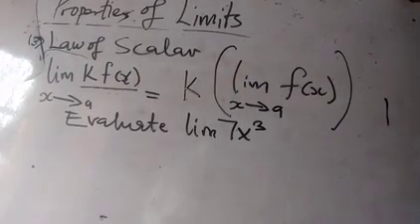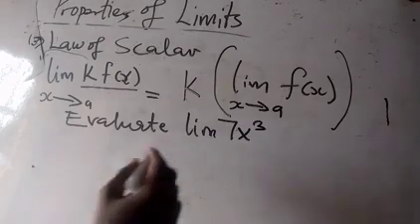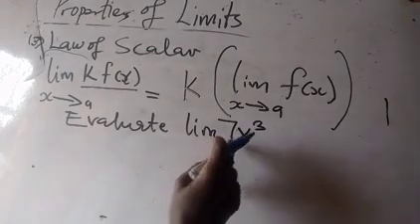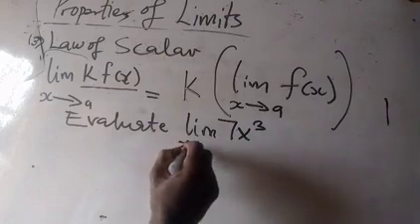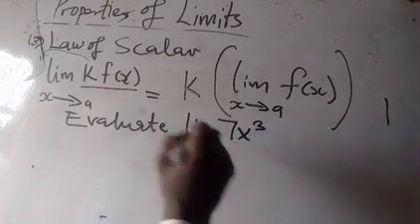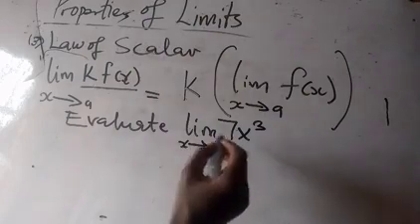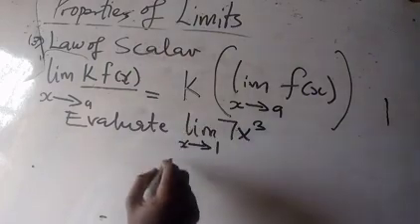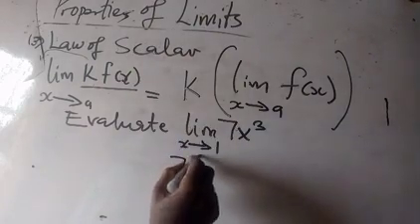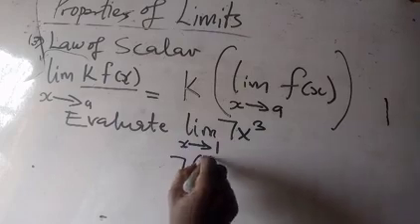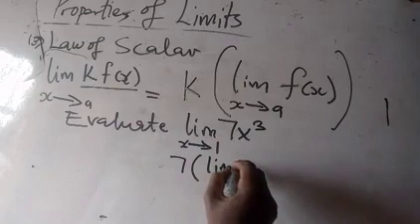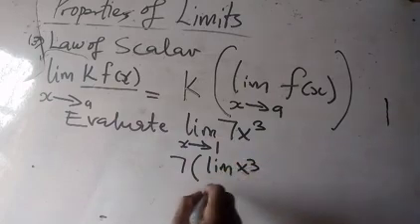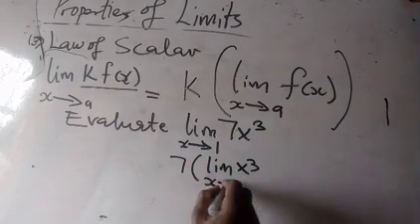For example, evaluate the limit of 7x raised to power 3 as x gets close to 1. So what would this give us? Constant 7 multiplied by the limit of f of x, which is x raised to power 3 as x gets close to 1.